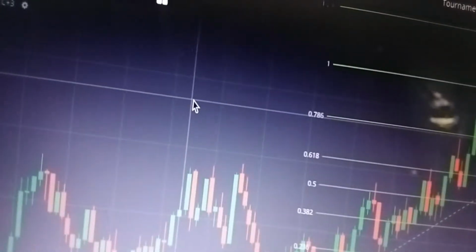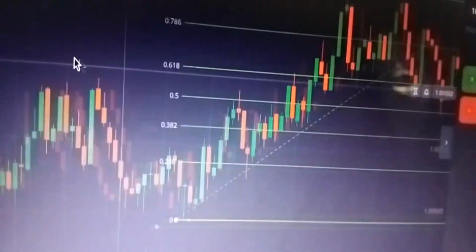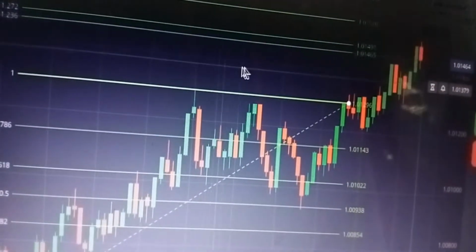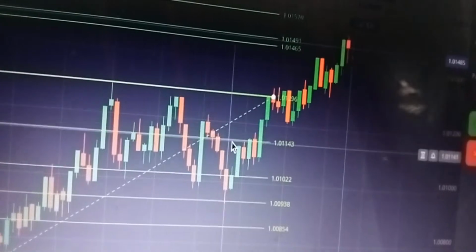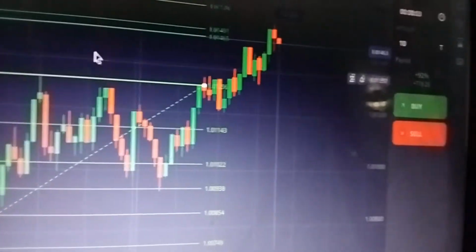After that, it was in a consolidation. Then after that, the trend continued. Then, as you can see, another range, and the trend continues. Okay.